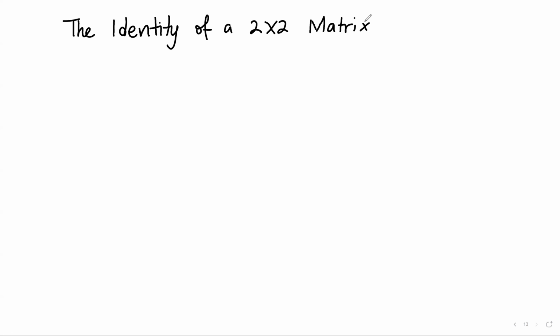So, the identity of a 2 by 2 matrix. Now, in regular math with regular numbers, the additive identity is 1. No, not 1, 0.